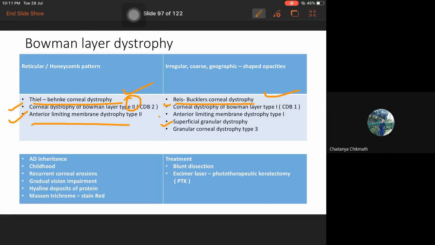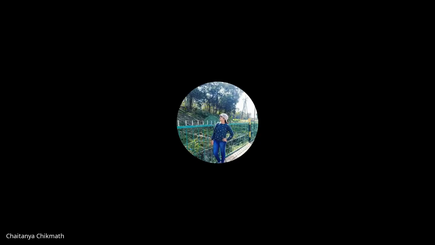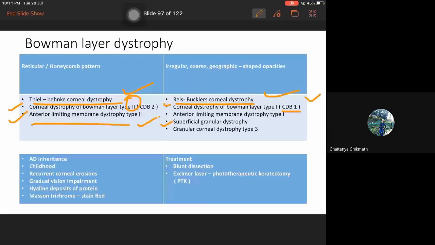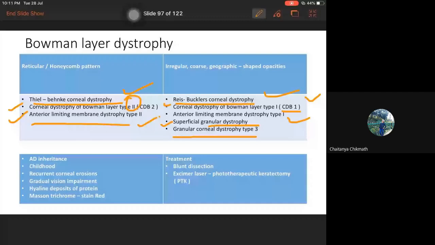Similarly, Reis-Bücklers is known as corneal dystrophy of Bowman's layer type 1, or anterior limiting membrane dystrophy type 1, also superficial granular dystrophy, or granular corneal dystrophy type 3. Go back and read; if you read, you will remember.